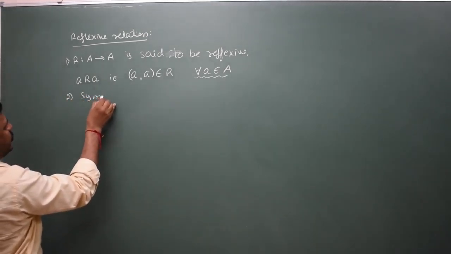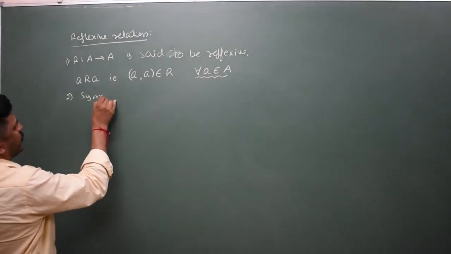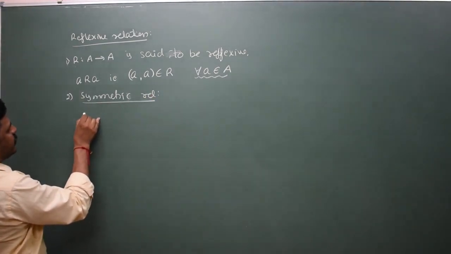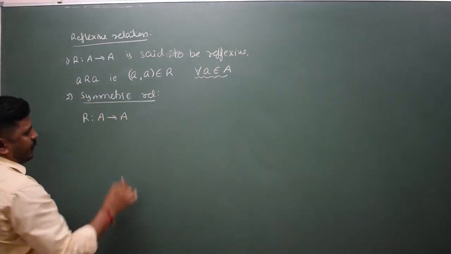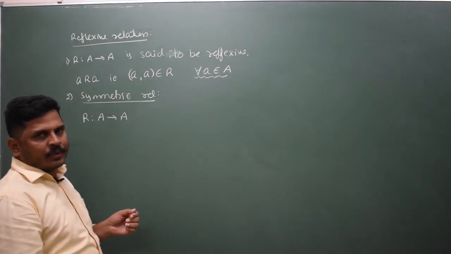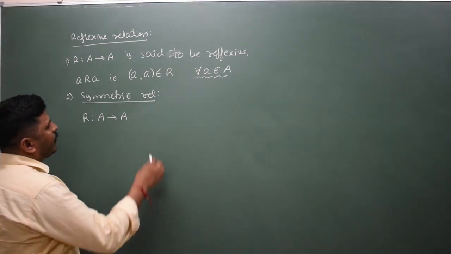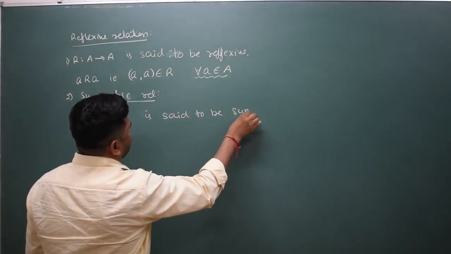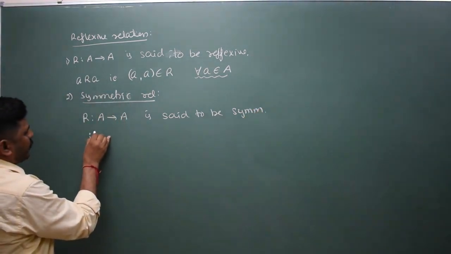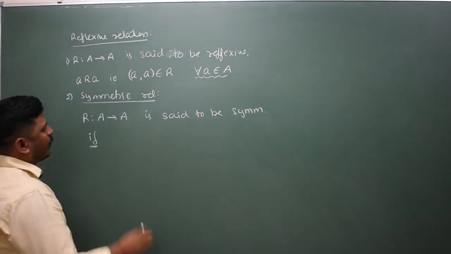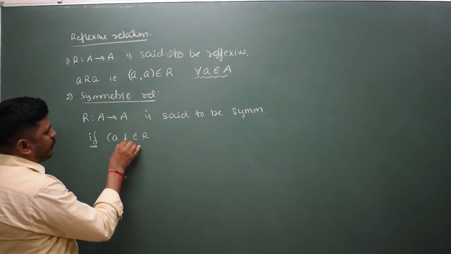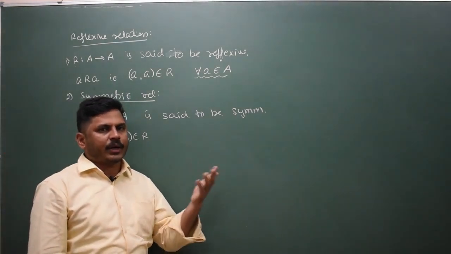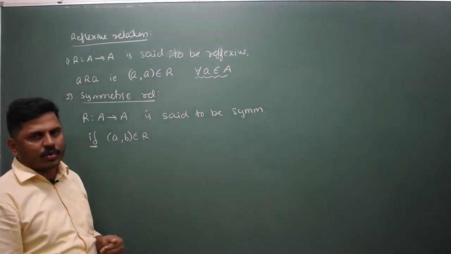Next, symmetric relation. The relation R from A to A, or relation R on A, or the relation R on R, the relation R from R to R, any way you like, is said to be a symmetric relation if, very important, the word if, A is related to B. Read it as A is related to B. We say A comma B belongs to R, but if you read it like that, you won't understand properly.